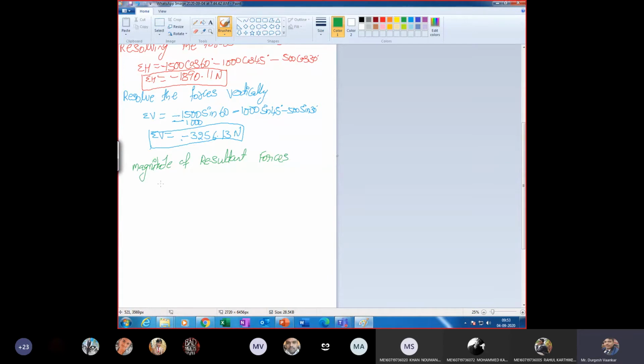So R equal to square root of sigma H squared plus sigma V squared. Any minus squared will again become positive only. Sigma H is 1890.11, whole square, plus minus 3256.13, whole square.